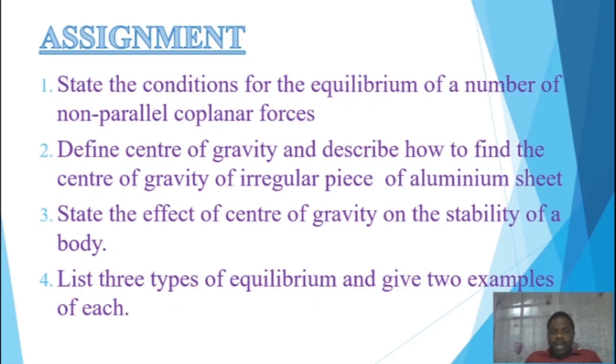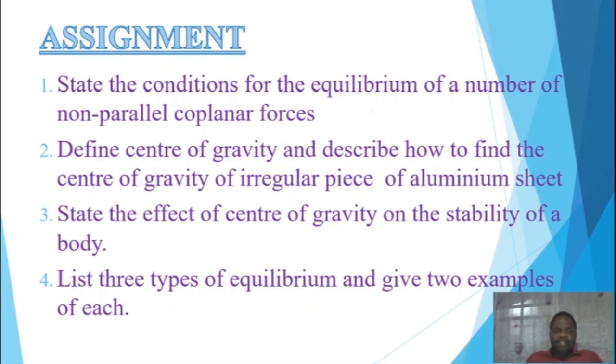Okay, now look at, before the assignment, in summary, we say that a system of forces are said to be coplanar when they are acting on the same plane. So a system of parallel forces acting on the same plane are called parallel coplanar forces.